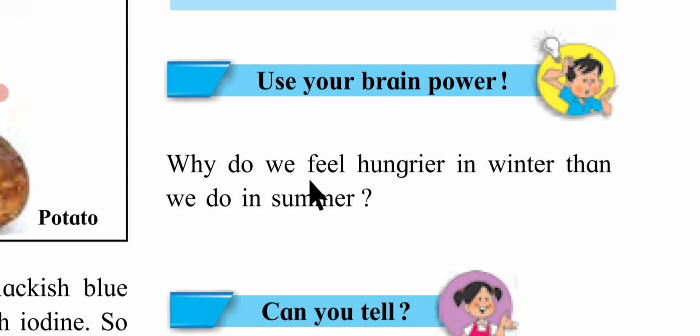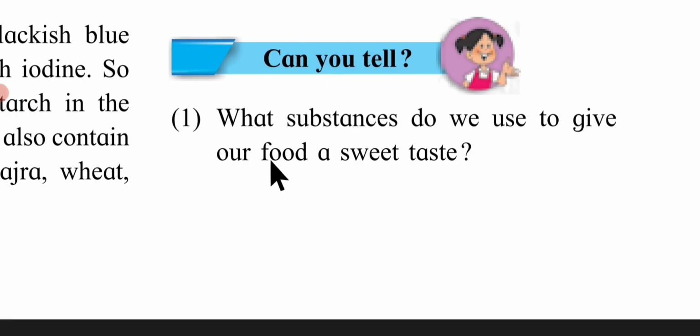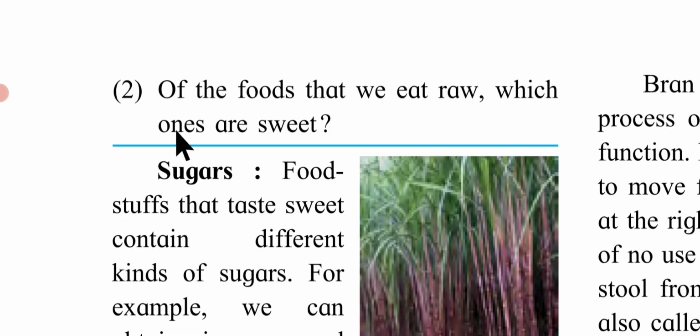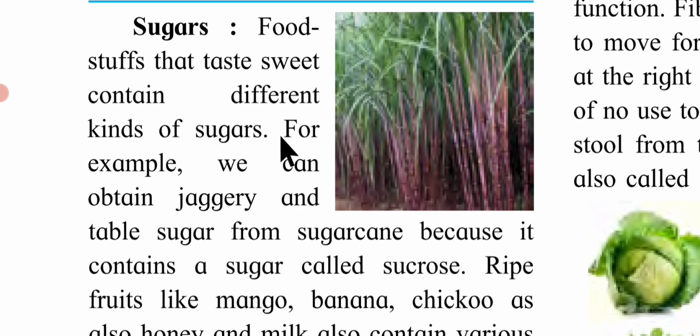Why do we feel hungrier in winter than we do in summer? Can you tell? What substances do we use to give our food a sweet taste? Of the foods that we eat raw, which ones are sweet?